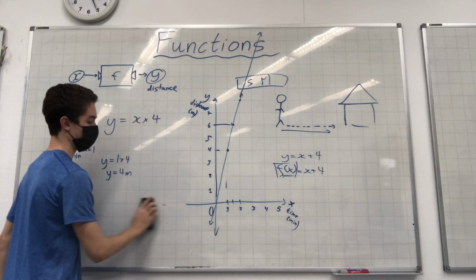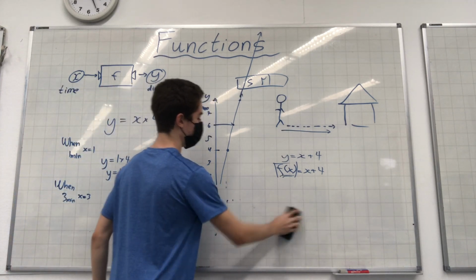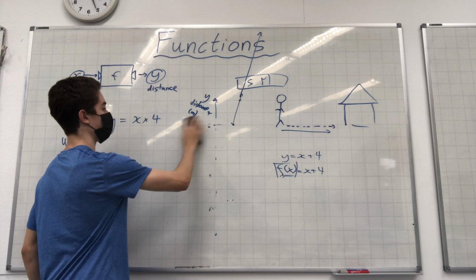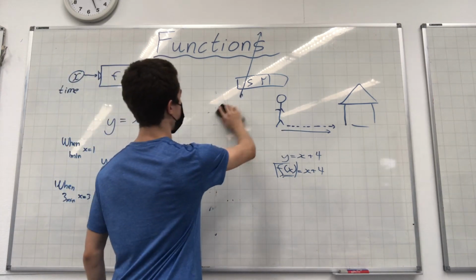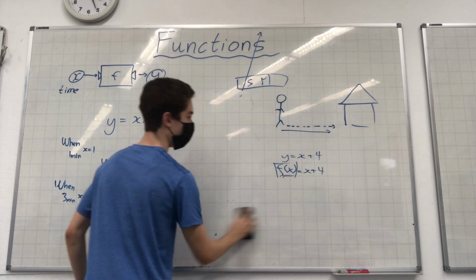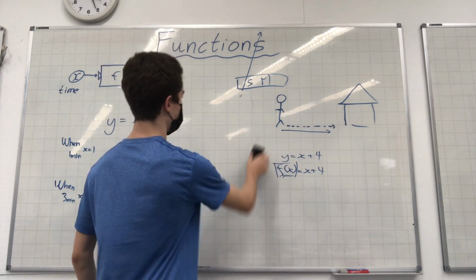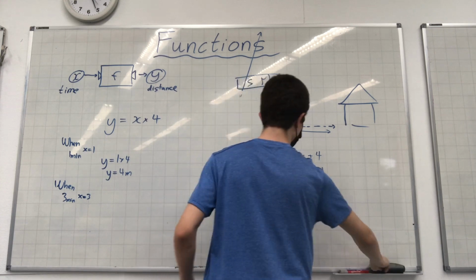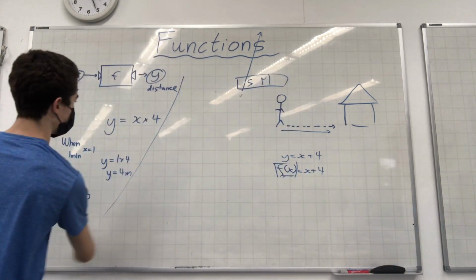The intercepts are basically thinking about when your line, your graph, crosses one of its axes, okay? So let's say you had the function y equals x plus 4. Let's say you had that function. Forget this for a second.